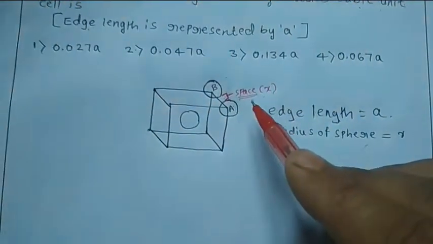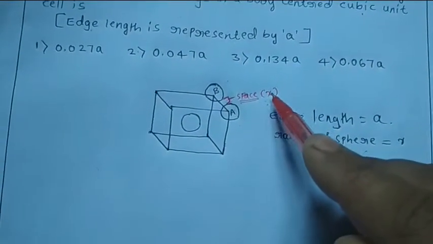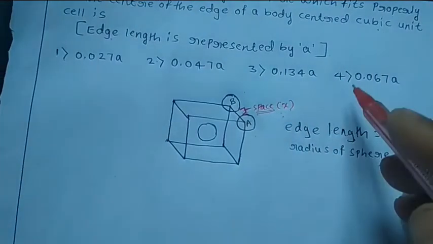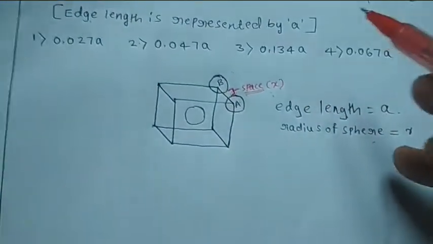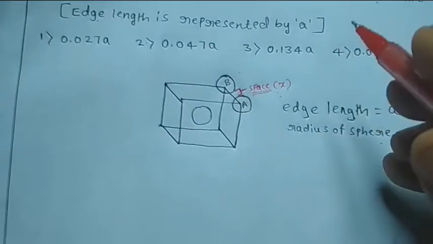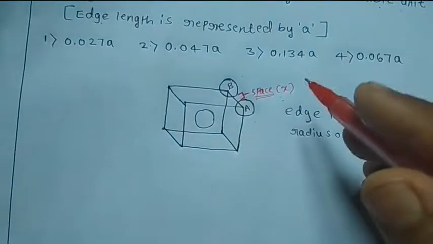First we calculate x, then calculate x by 2.